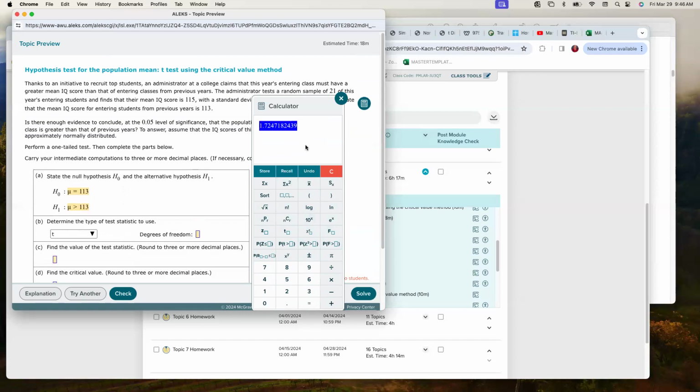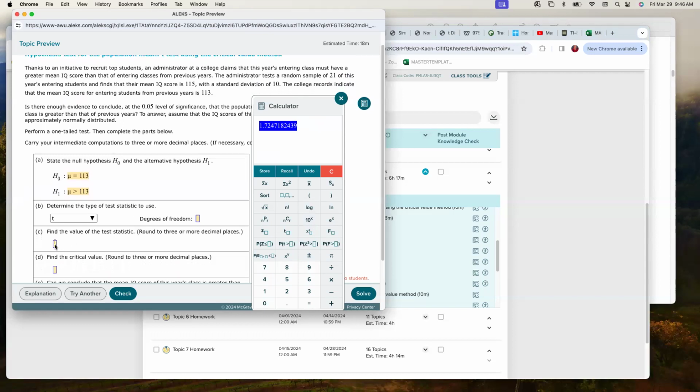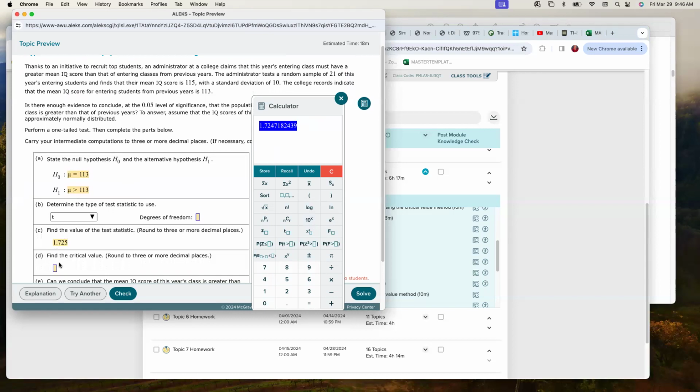Yes, I just put the area to the right of 0.05, which is 1.725, to 3 decimal places. All right, so I'm going to put 1.725 here. That's my critical value, 1.725.